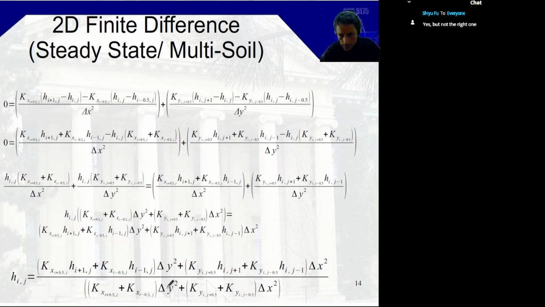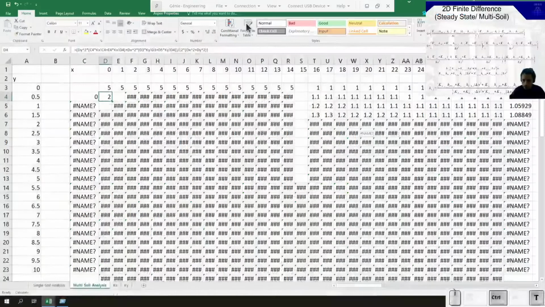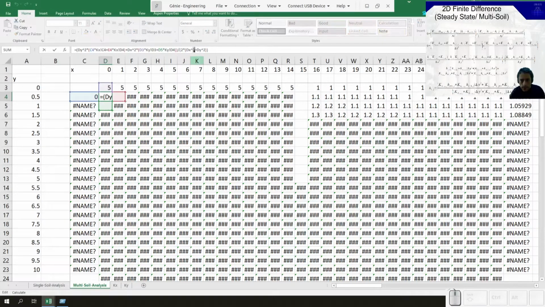Delta y squared goes with the sum of the kx's, and delta x squared will go with the sum of the ky's. So multiply that by the sum, so by the neighboring ky's.